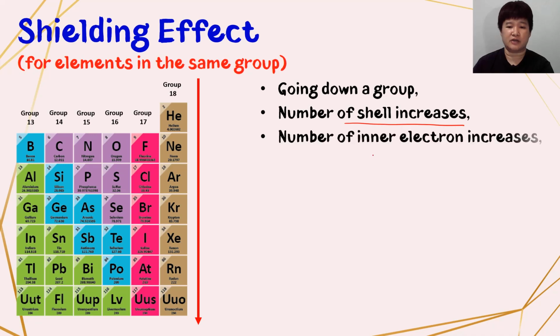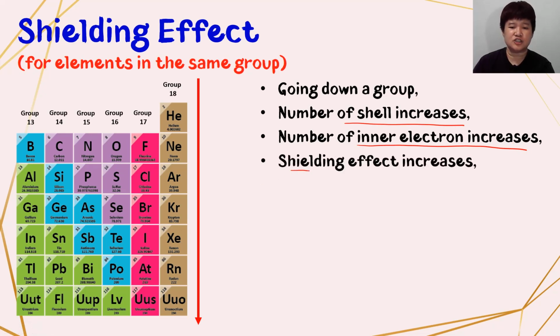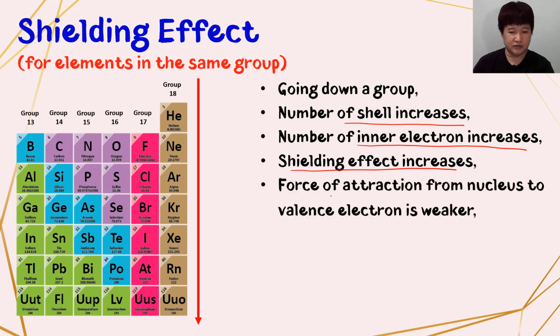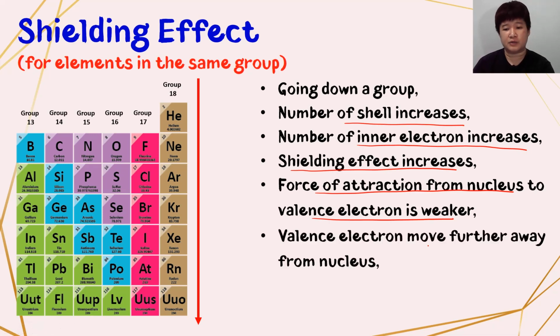When the number of shells increases, the number of inner electrons also increases. When the number of inner electrons increases, the shielding effect increases. When the shielding effect increases, the force of attraction from the nucleus to the valence electron becomes a lot weaker. And when it's weaker, the valence electron will be moved further away from the nucleus.